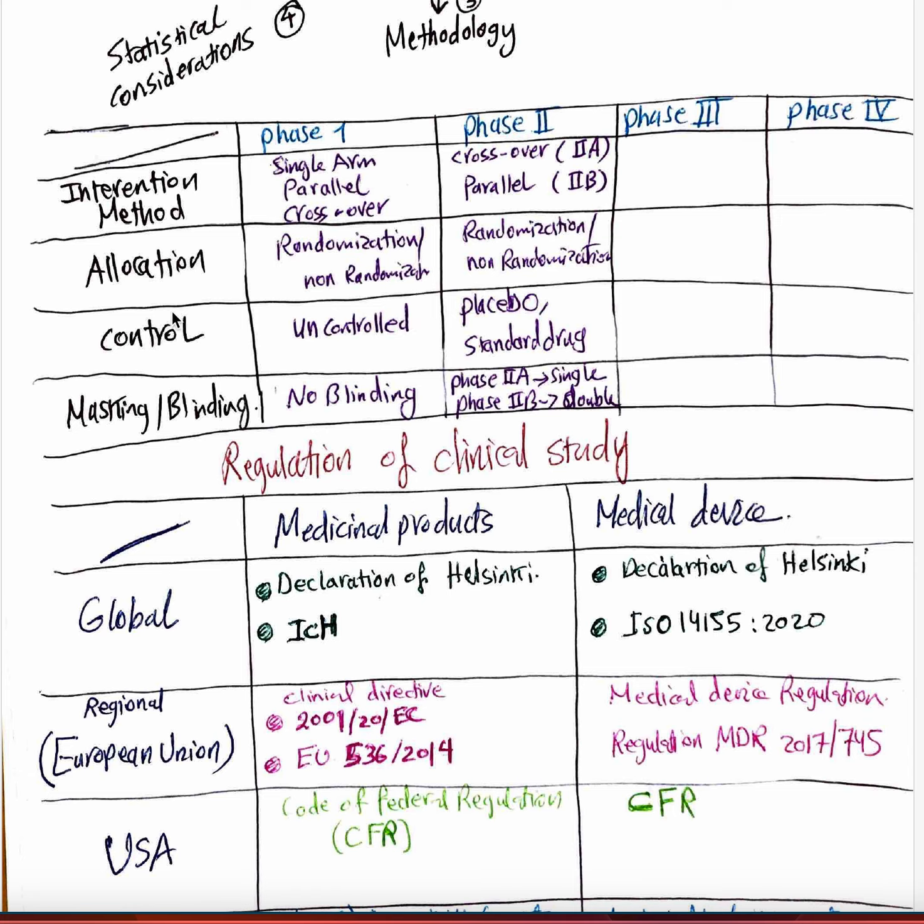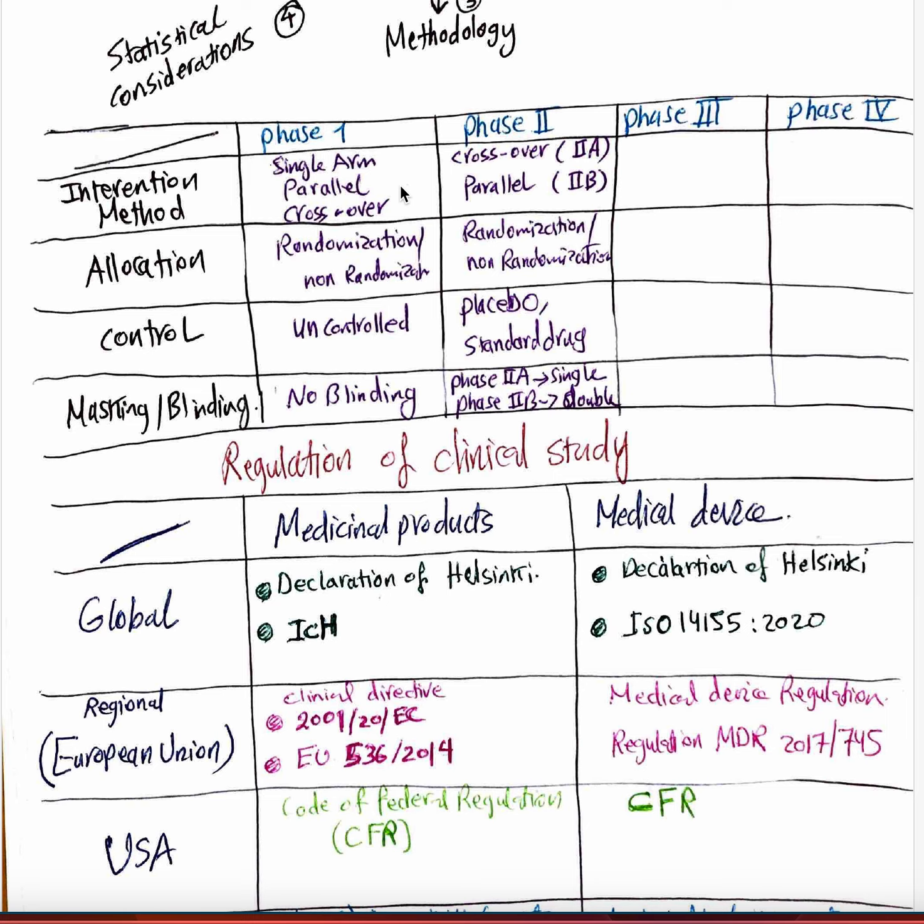According to the allocation, we use randomization and non-randomization, both of them, but there is no control, and there is no blinding at all in phase 1. But in phase 2, we have crossover and parallel designs.